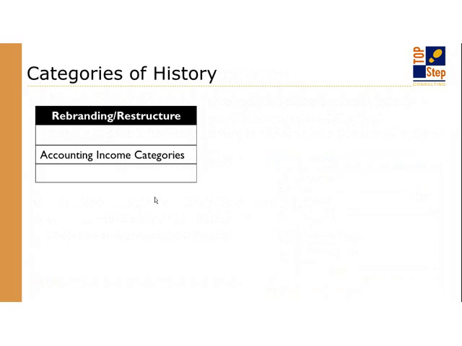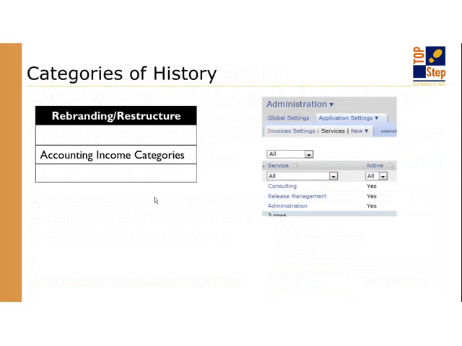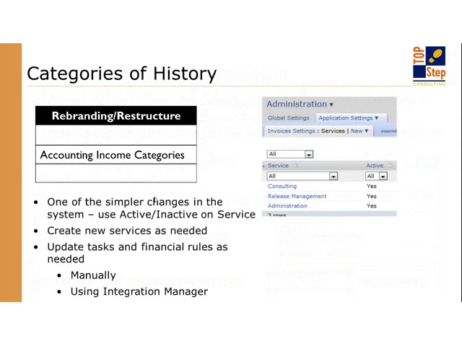This year, instead of tracking services revenue, we're tracking it by project management, we're tracking it by services on-site, we're tracking it by services off-site, some kind of 3 categories like that. Okay. In our example, we are using consulting, release management, and administration. So this is one of the simpler changes historically to handle in OpenAir.